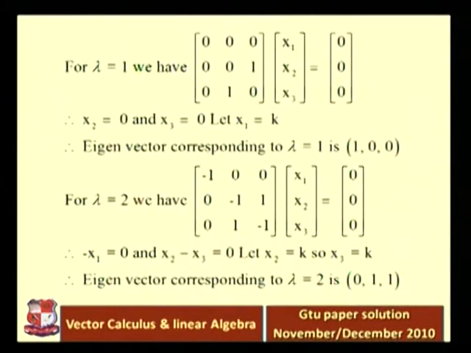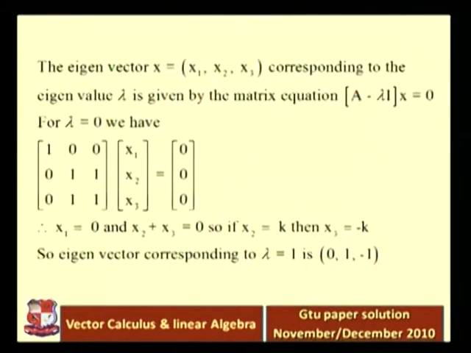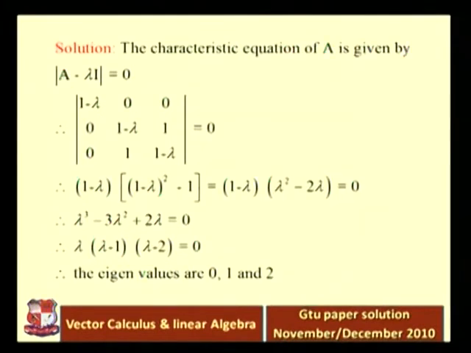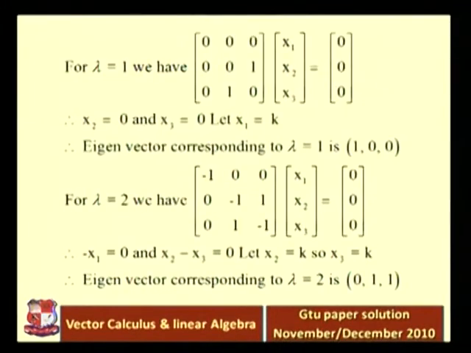Now for lambda equal to 2, we put lambda equal to 2 in this determinant again. So we get the matrix minus 1 0 0, 0 minus 1 1, 0 1 minus 1 into x1, x2, x3, equal to 0, 0, 0.